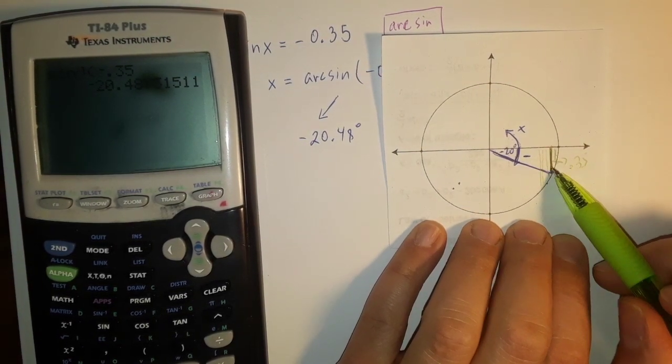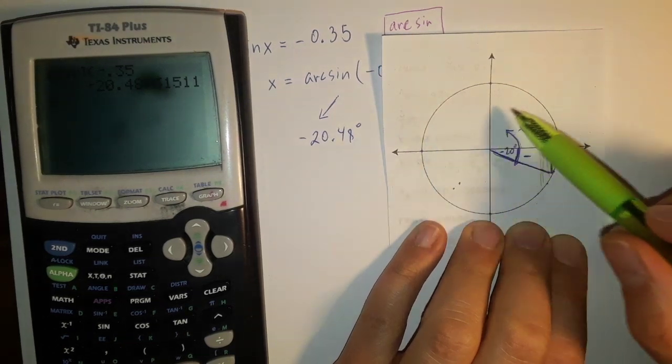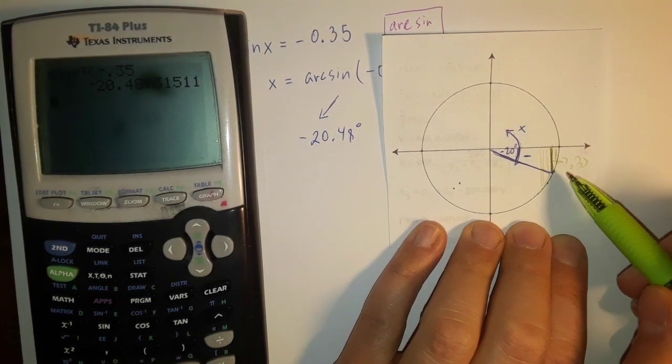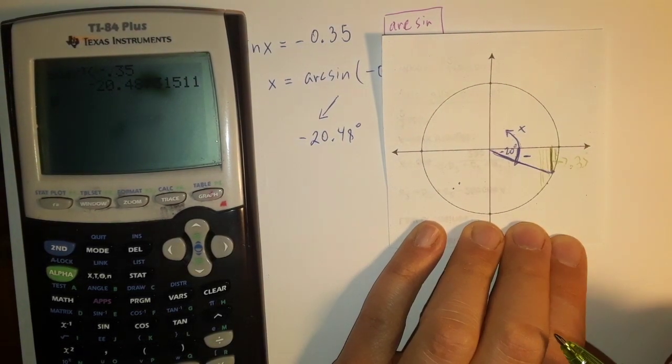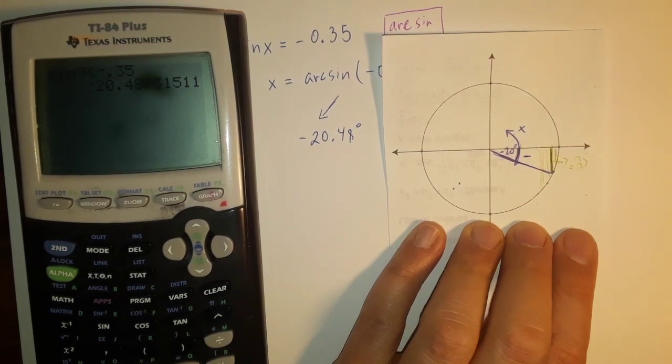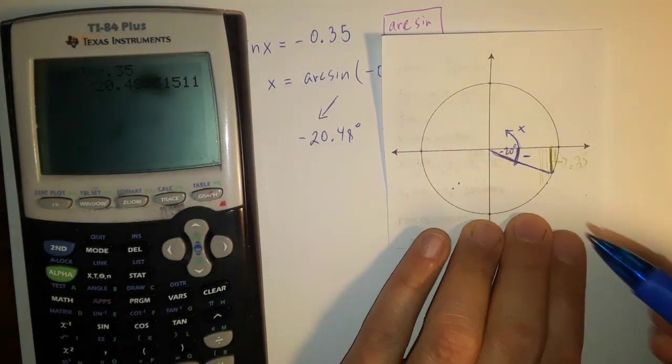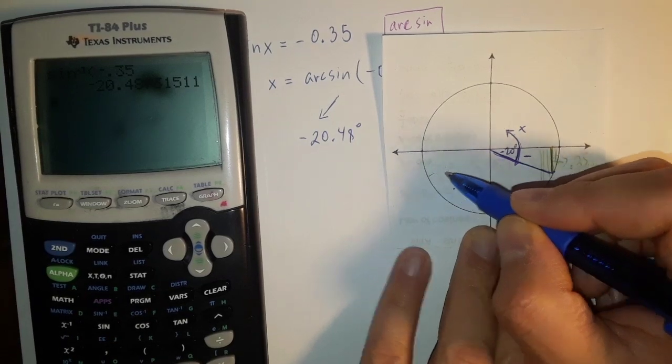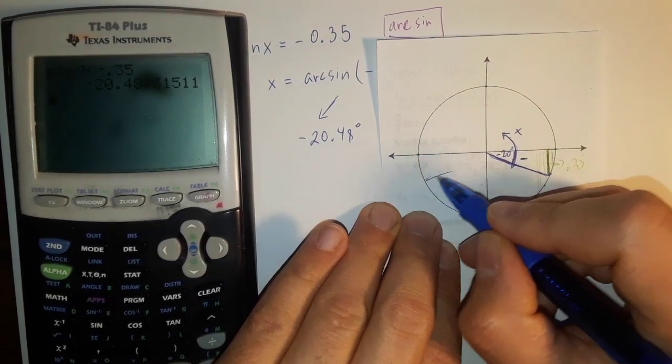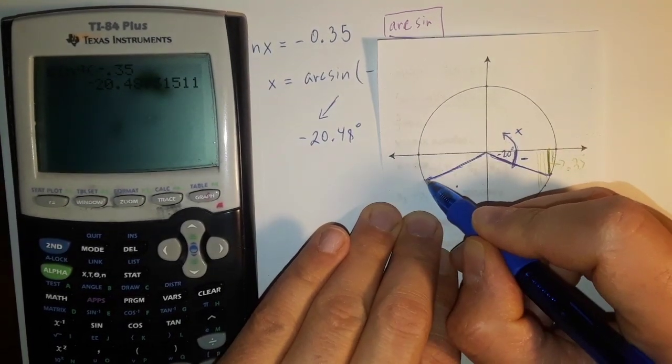Now, on the unit circle, for which angle are we going to have the same sine? Let's think about it. Pretty easy, right? There's a symmetry in here, so it's going to be in here.